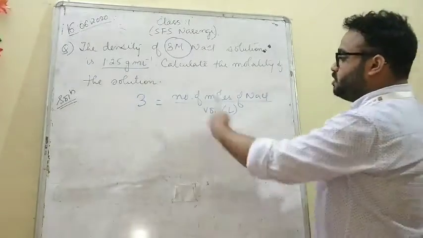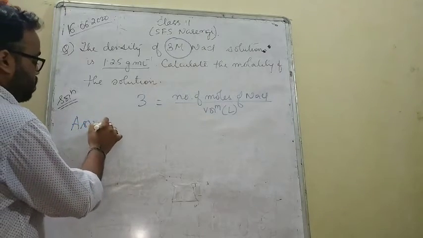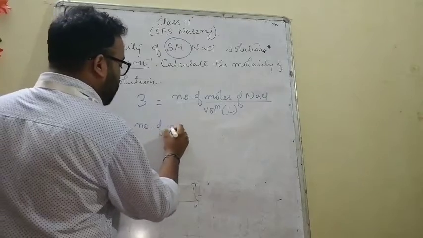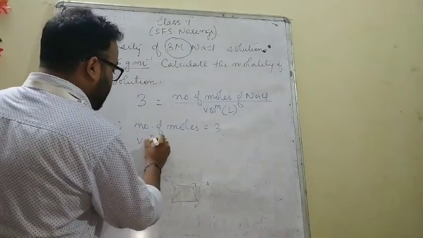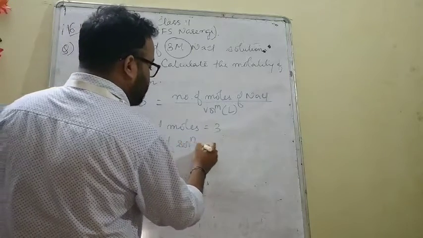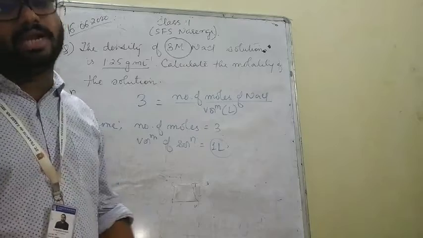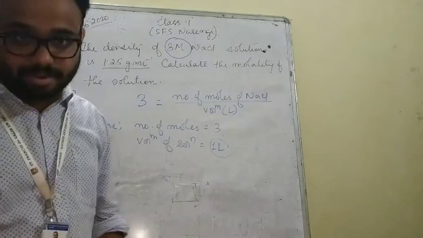As this ratio is 3, students, I have to assume that number of moles is equal to 3 and the standard volume of solution is 1 liter. Means 3 by 1 is 3. So that assumption has to be made in this type of question.